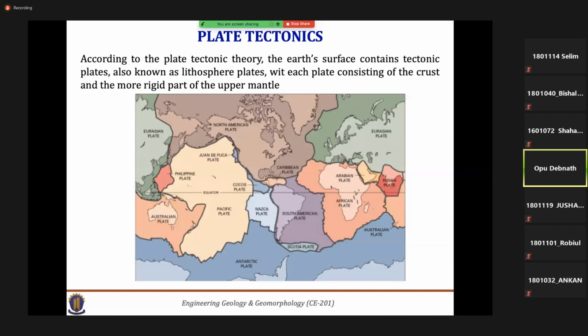So this is a typical view, and many of you may know some terms, like the Eurasian plate, North American plate, Indian plate, Australian plate, etc., when an earthquake occurs. It is most commonly known in the scientific community. This earthquake happened due to the sliding or movement in the plate boundary of the Eurasian and Indian plates or the Arabian plate boundary.